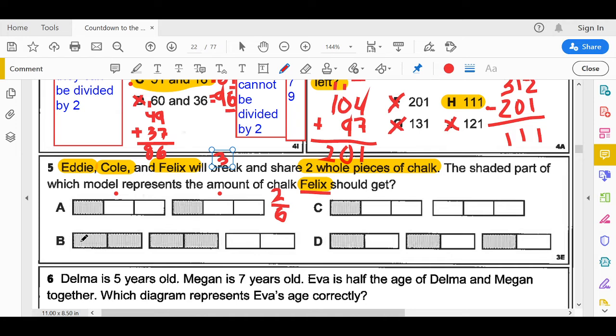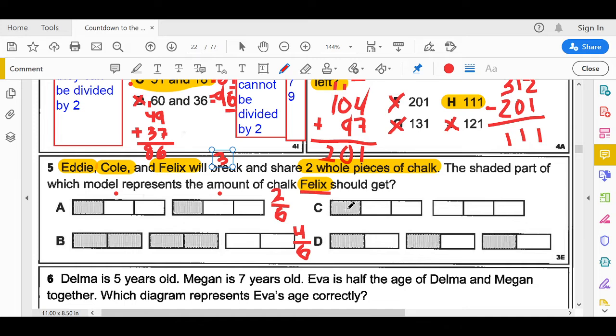On letter B, how many parts do we have? 1, 2, 3, 4, 5, 6. We have 6 parts. I'm going to put it at the bottom. And then let's see how many shaded are there. 1, 2, 3, 4. 4 out of 6 are shaded.